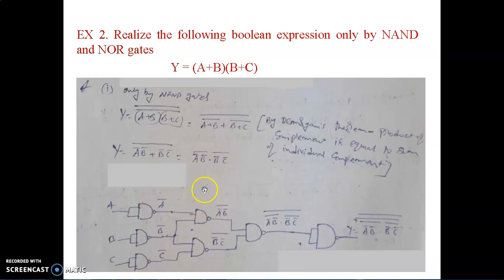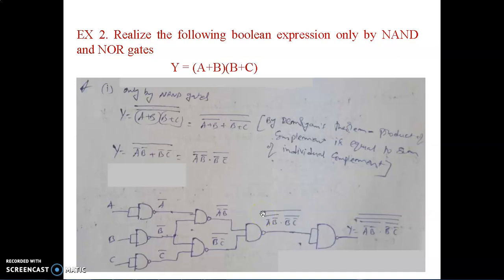here. Here also, first generate the variables like A bar, B bar, C bar. Then generate the individual terms like A bar B bar whole bar. Then B bar C bar whole bar. It is going to the next stage. This is the output of the final stage, but it contains an additional complement which is going to change the meaning of the equation.